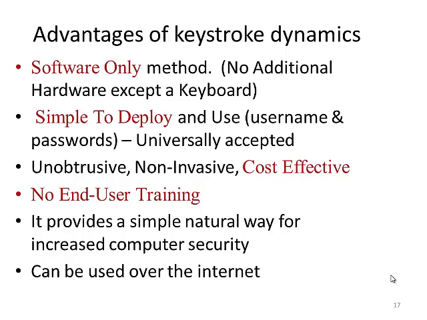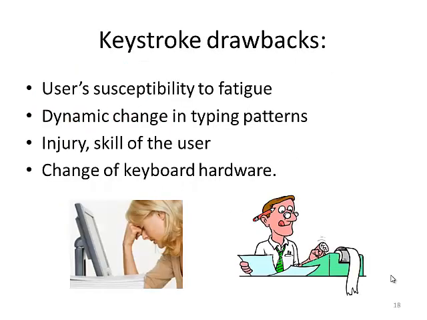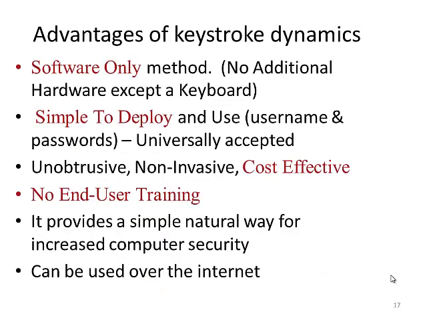It's non-invasive and cost-effective. You don't need to train it again, the algorithms handle it. It can be used over the internet, and you don't need special software installed on your system. So it's pretty easy and cost effective. Whatever you need, it's there in keystroke.